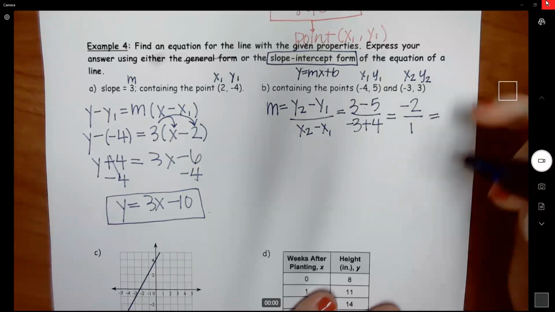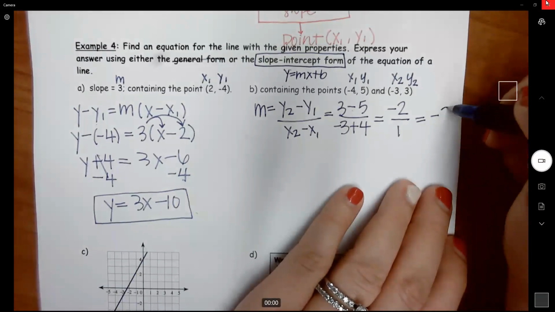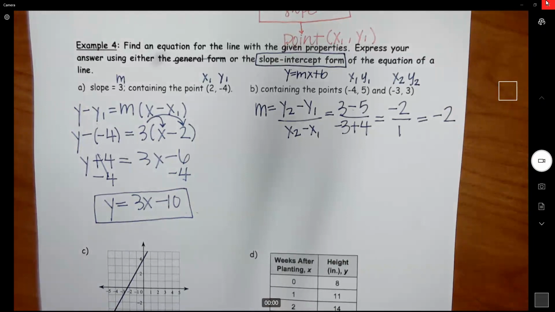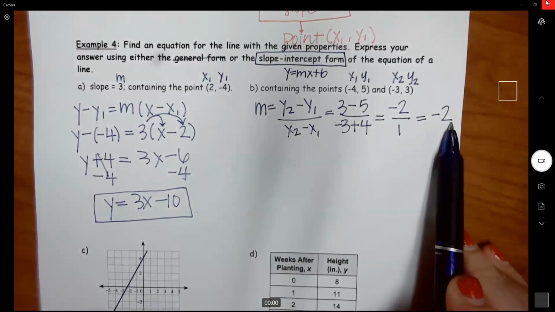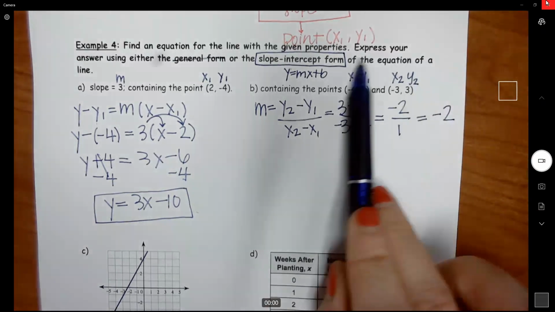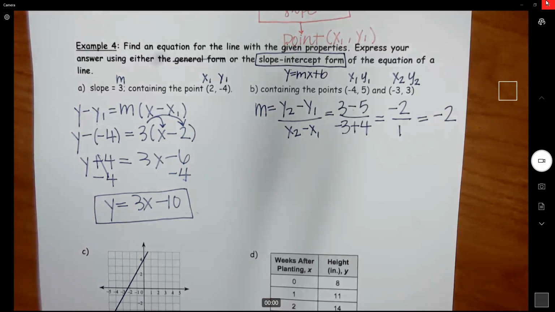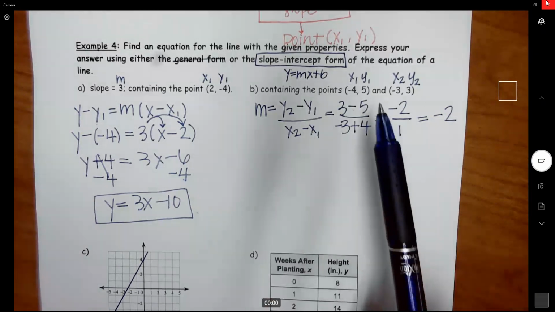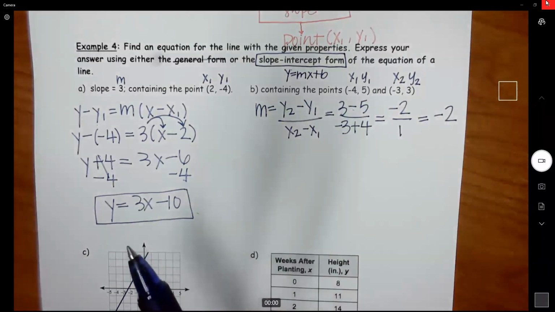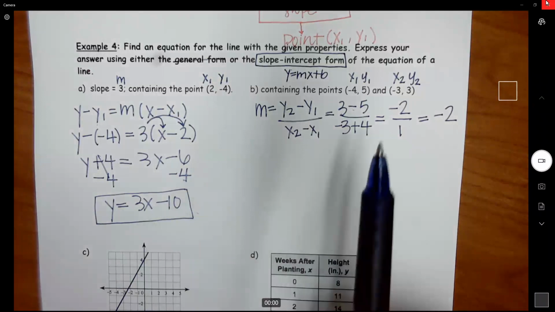So I have a slope of -2. So now I have enough information. I now have a slope, and I actually now have 2 points. It does not matter which point you use, you will get the exact same answer.